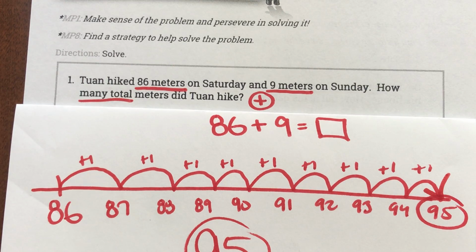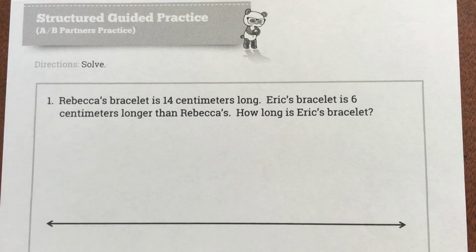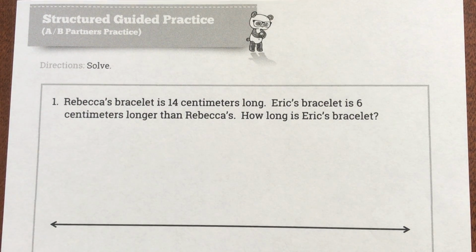Okay, so ladies and gentlemen, let's do some together. Try and solve this problem with me. It says, Rebecca's bracelet is 14 centimeters long. Eric's bracelet is 6 centimeters longer than Rebecca's. How long is Eric's bracelet?